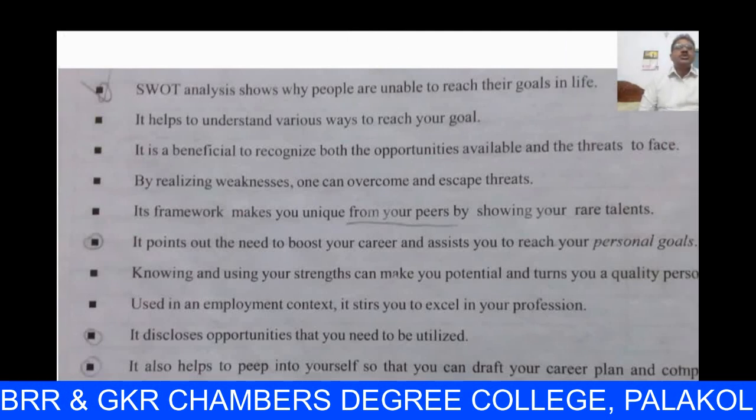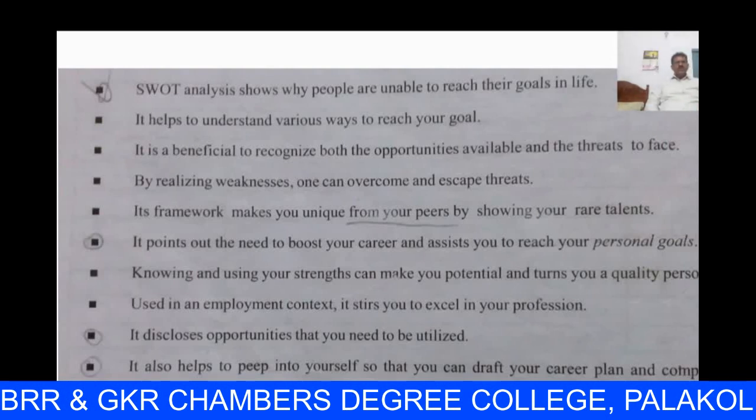SWOT analysis shows why people are unable to reach their goals in life. It is a very important point: why students do not reach their goals. Without this system, they fail to reach their goals.